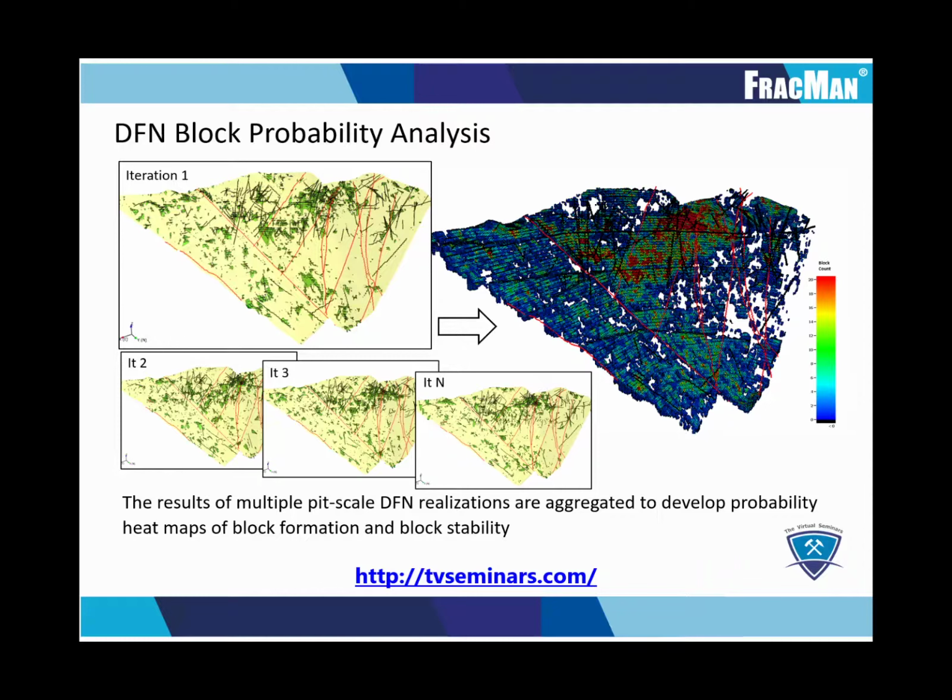If we repeat the analyses at the wall scale, as shown here, building multiple realizations of the DFN model and identifying where the blocks form, we can then combine the results of multiple realizations by adding up the number of cells in a grid where blocks are located to produce these heat maps, as seen on the right.